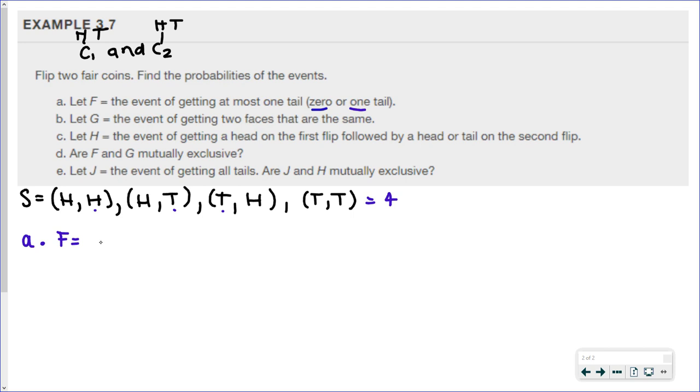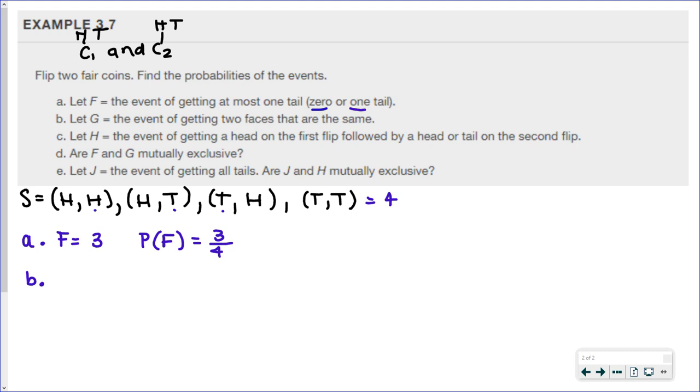So that's 3 options, and if I want to, I can list those 3 options. This last one's not included because it says at most 1 tail, and this has 2 tails, so we're not including that one on this problem. So the probability of F is going to be 3 out of the total, which is 4.